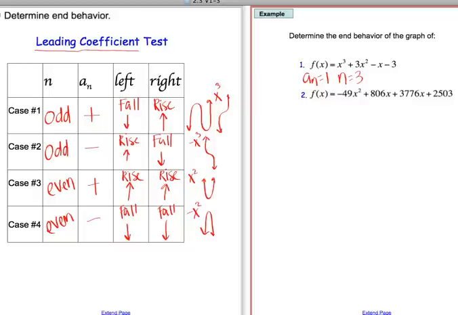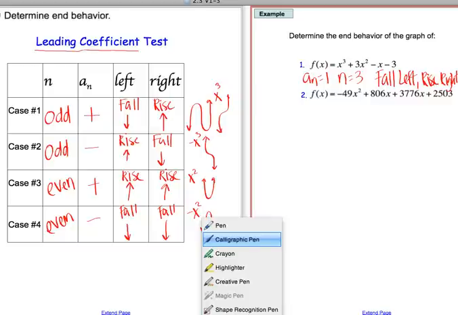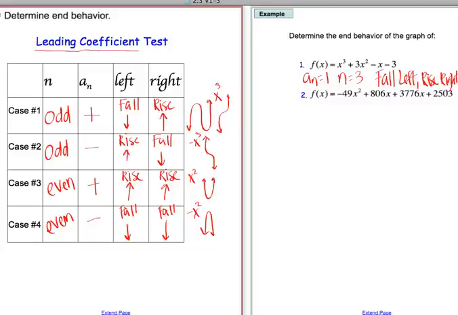That means this is going to fall on the left and rise on the right. That's going to be the first case, case 1.